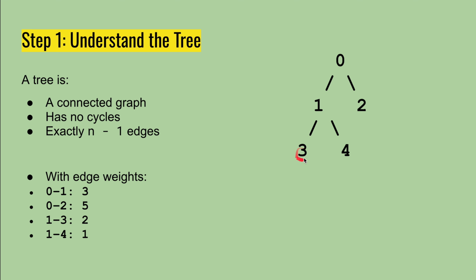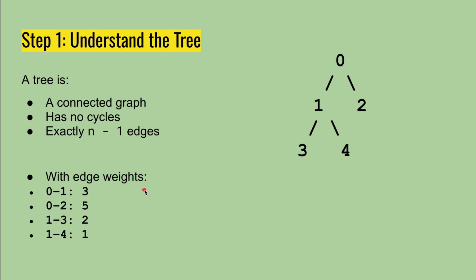Let's suppose I am starting from 3 to 2, and this is Bangalore and this is Delhi. So there can be many cities connected with each other, and the graph is connected, meaning each city is connected by this path. And we can also say there is no cycle, and exactly n minus 1 edges as given.